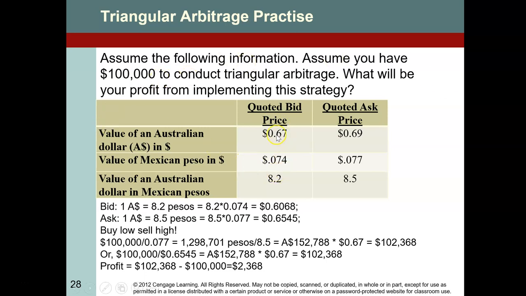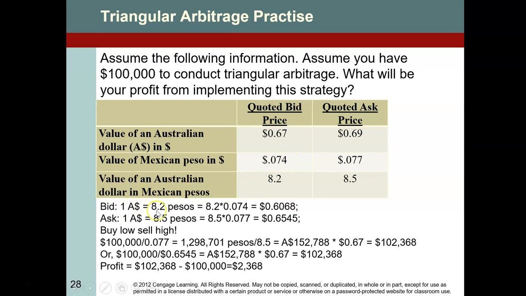We have, again, bid and ask for Australian dollar in US dollar in the first row. So we can have another new bid and ask price for exchanging Australian dollars for US dollars by combining the second and third row. At bid price, we can first start with 1 Australian dollar.